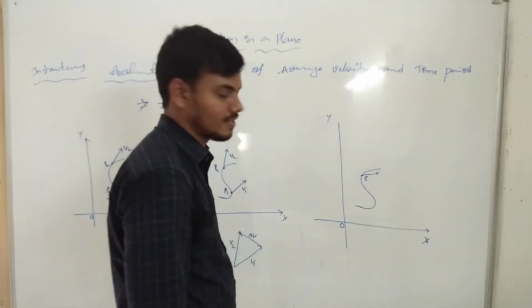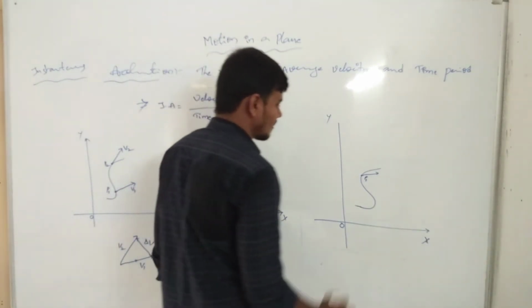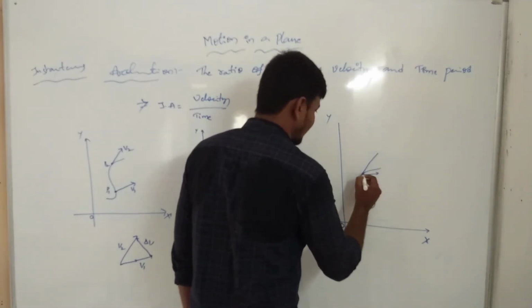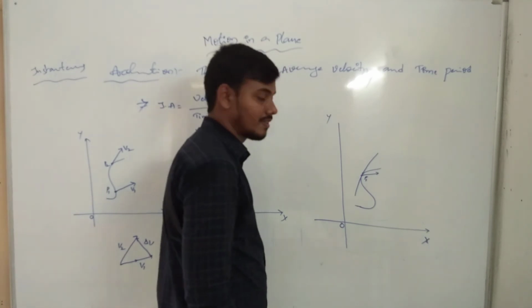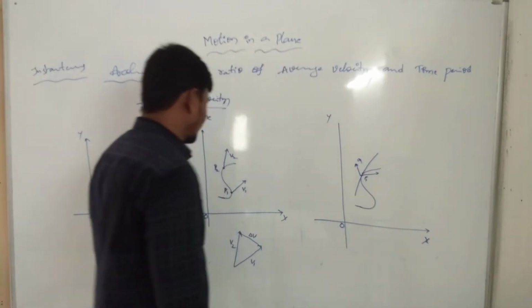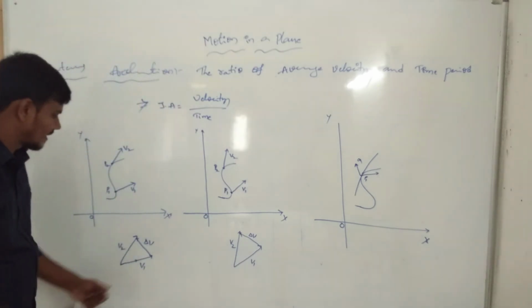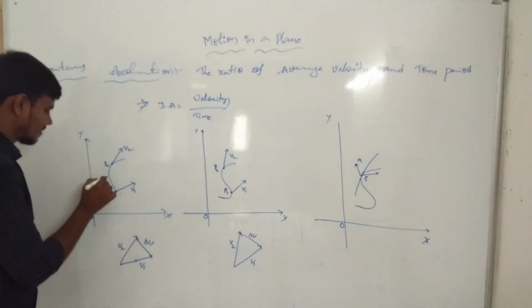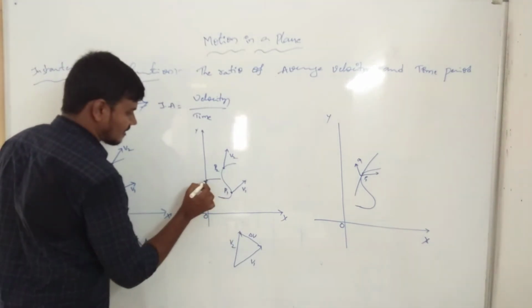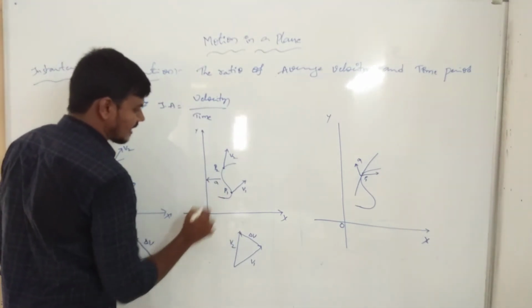Again we can introduce that this is the tangential one. So this position we can take as tangential. Now this is the direction of acceleration. The direction is acceleration direction. Clearly, now A is the acceleration direction.